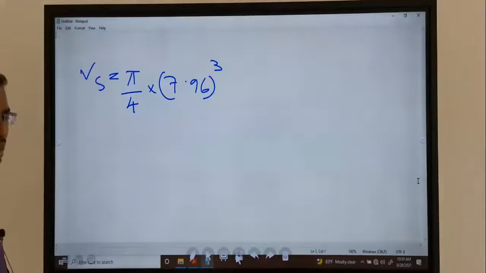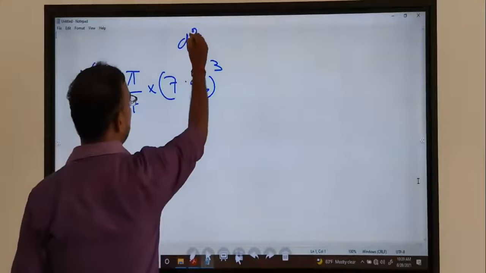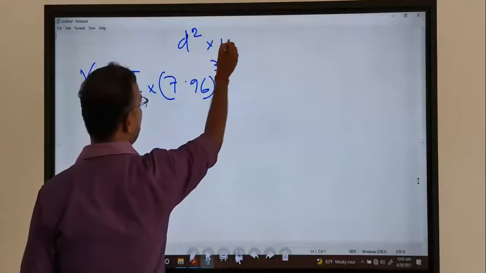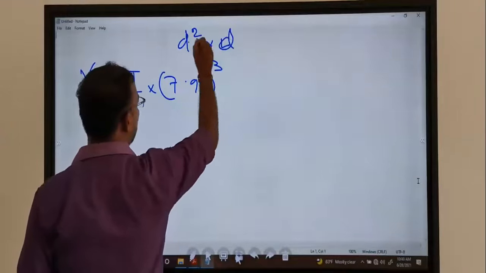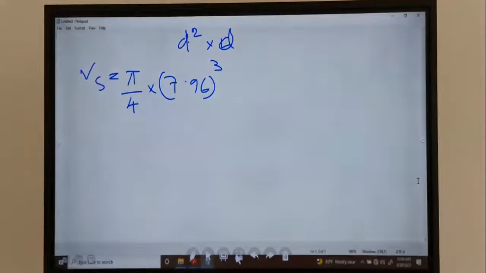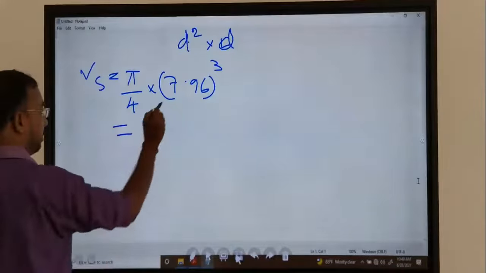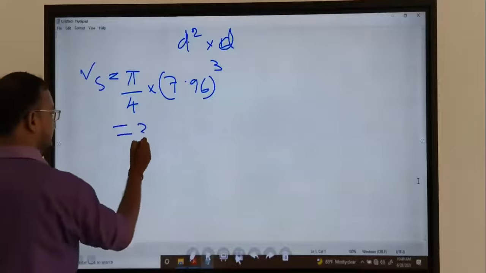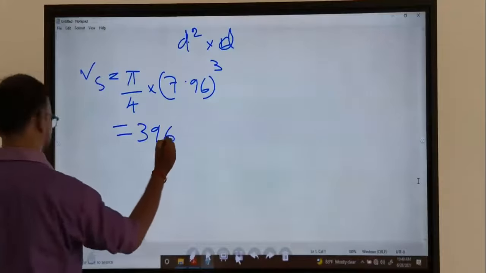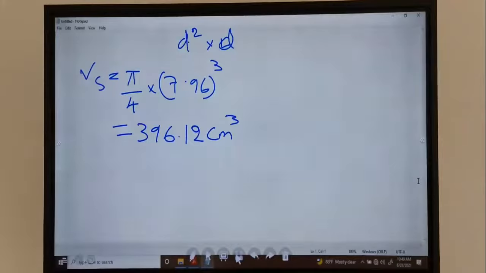The bore and stroke both are the same, so D squared into L, and L is also the same as D. So the D cube. So here 7.96 into cube. Straightly I put. Okay, so this answer is in centimeter. Be careful. 396.12 centimeter cube. So this is for the stroke volume.